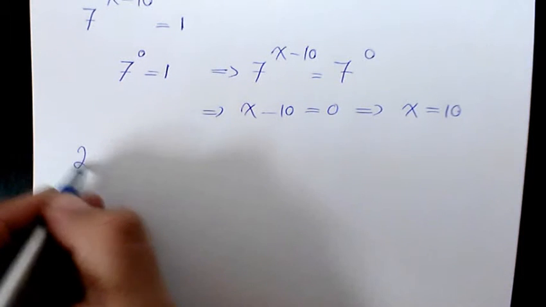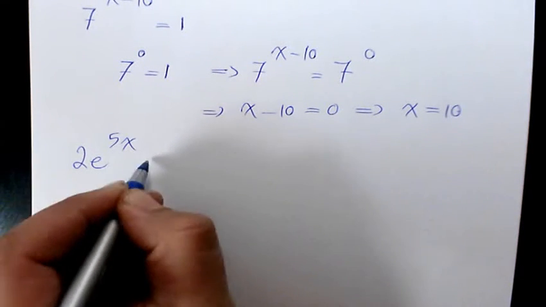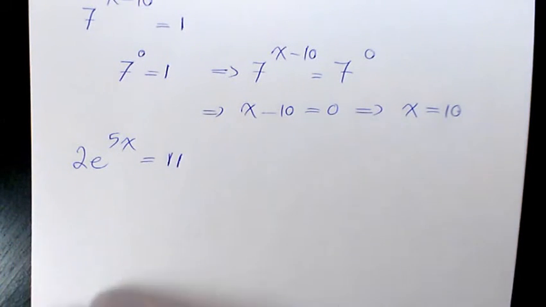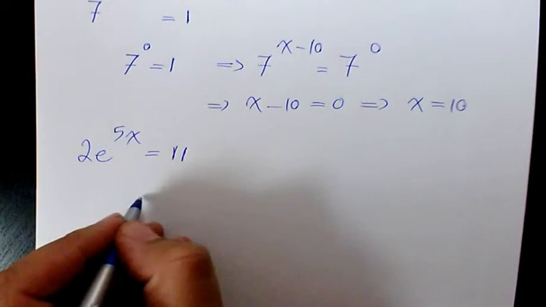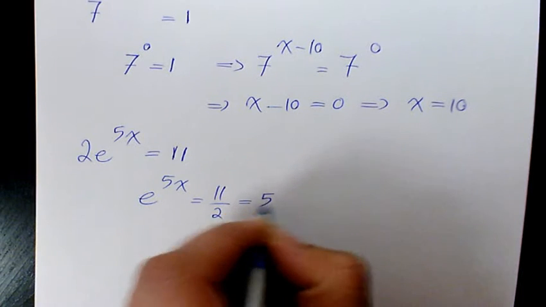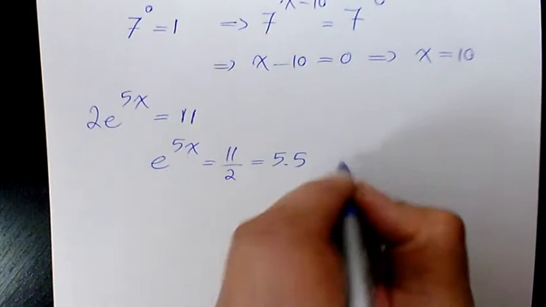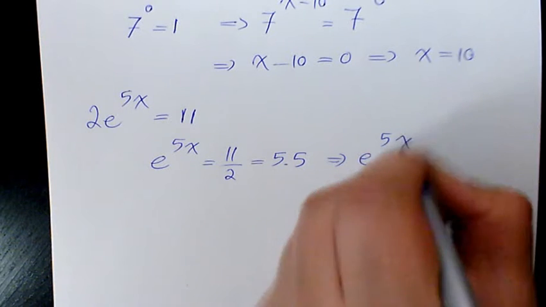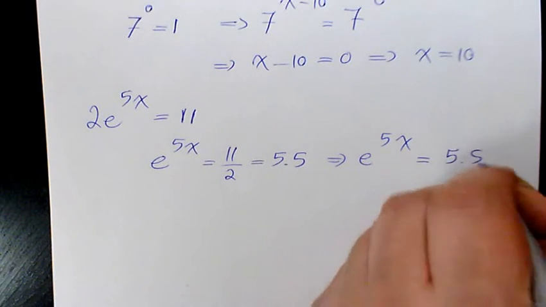Next one, 2e to the power of 5x equals 11. So I can say e to the power of 5x equals 11 over 2, which is 5.5. Therefore, e to the power of 5x is 5.5.